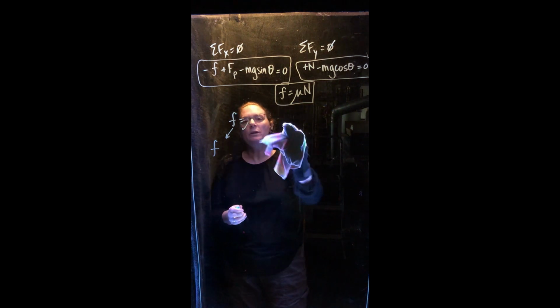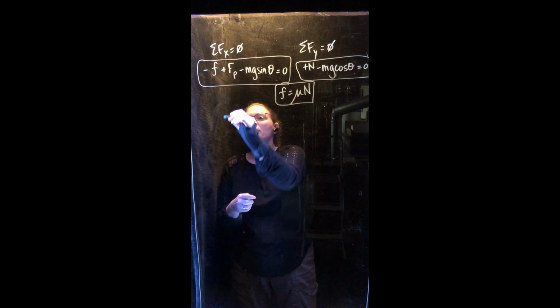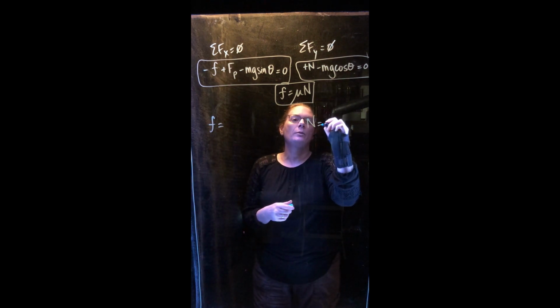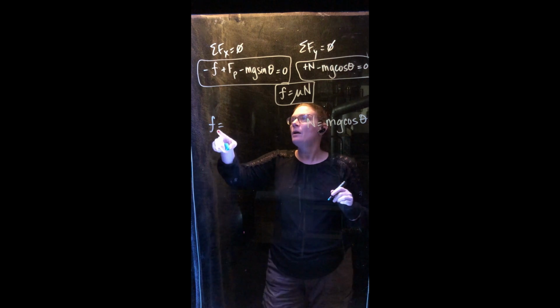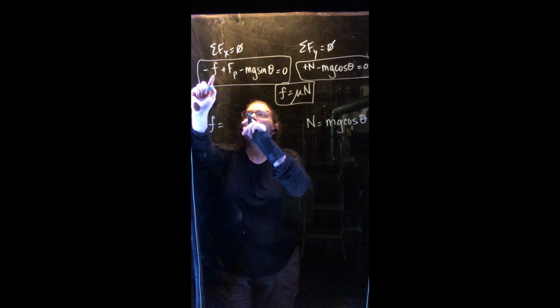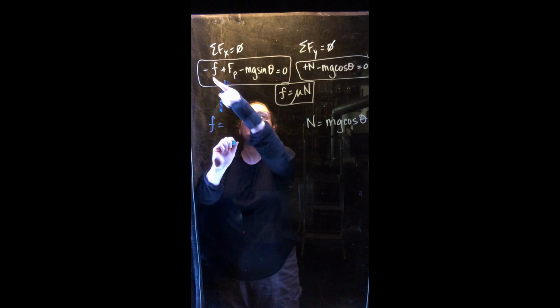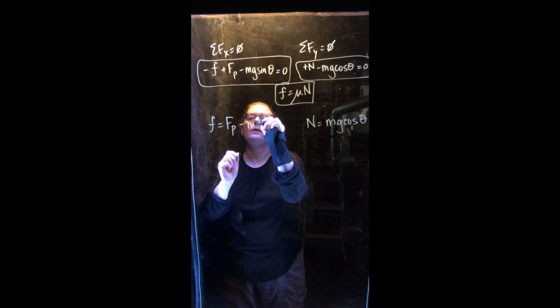All right, let's do it then. This one, I need to rearrange so I get friction equals something. This one I need to rearrange so it's normal equals something. That one's the easy one. Just pop that over to the other side, it becomes positive, there we go. Friction: bring this over to the other side, it becomes positive, and I'm left with push minus mg sine theta.